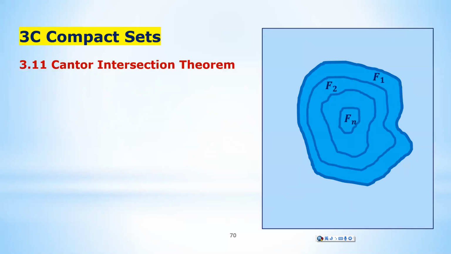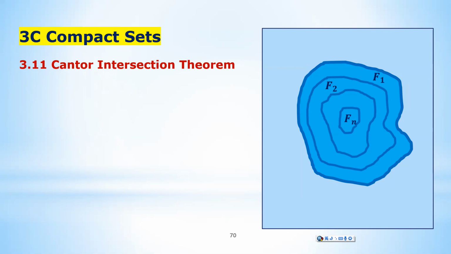Okay, so from here, there's another theorem. It's called the Cantor intersection theorem, and I'm not going to prove it because we don't have enough time. So I'm going to just state the result. If you are interested, you can look at the notes by yourself.